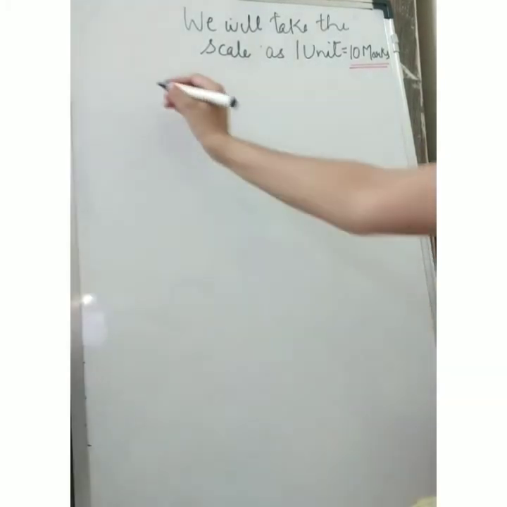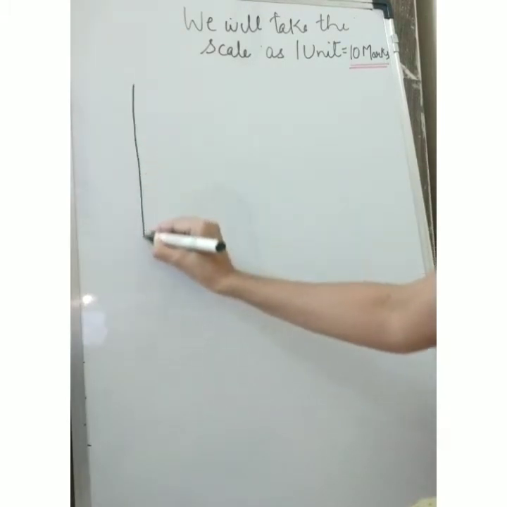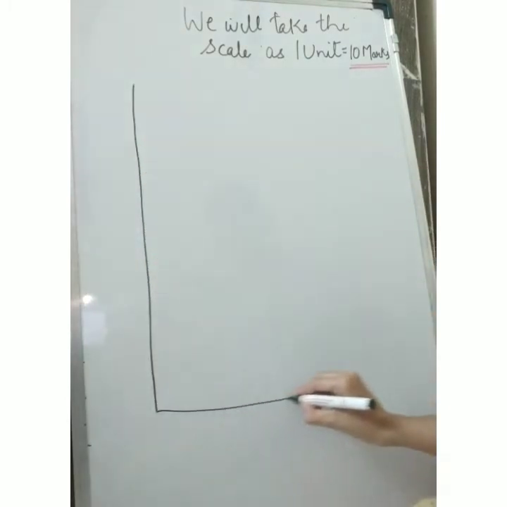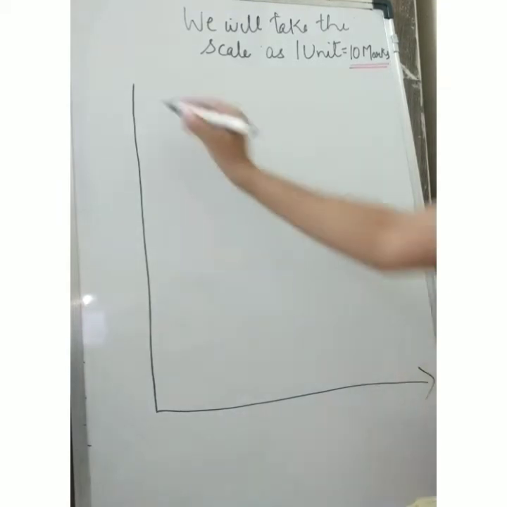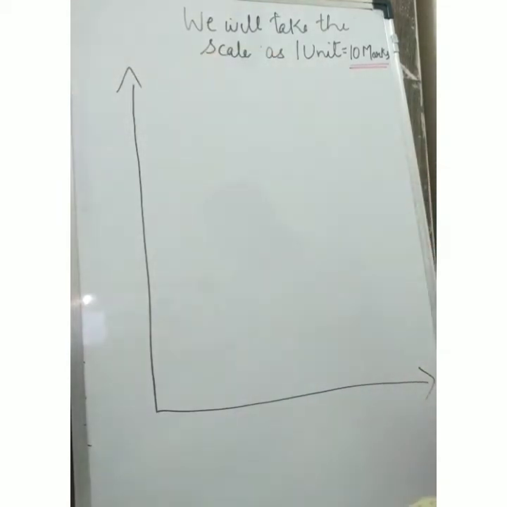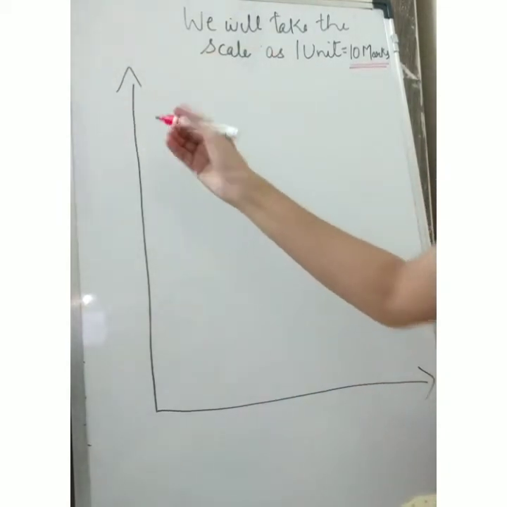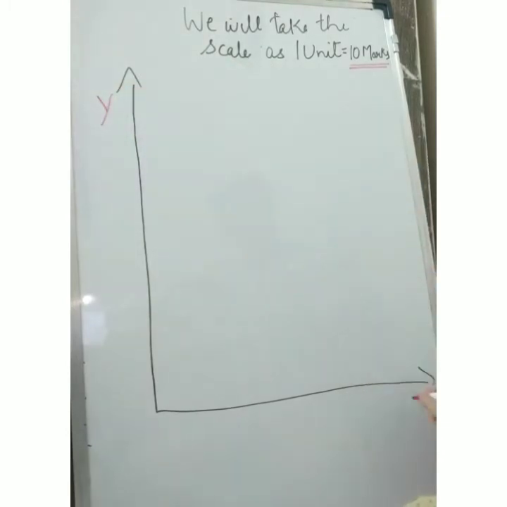I will mark like this. Again I will write over here y-axis and over here x-axis. Now marks, I have taken 1 unit equal to 10 marks. So I will put the values over here.